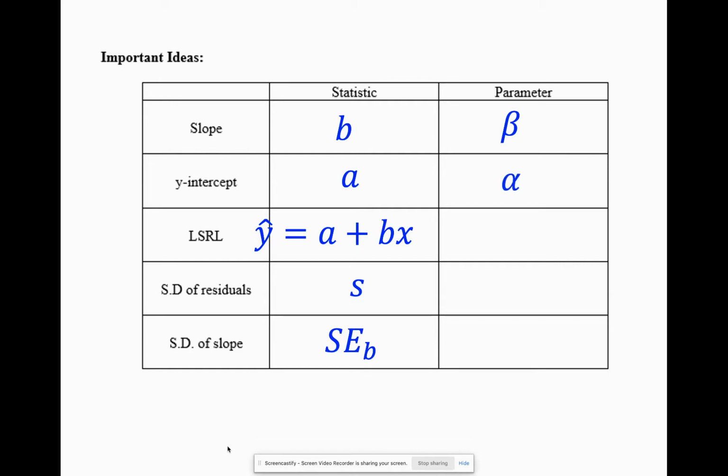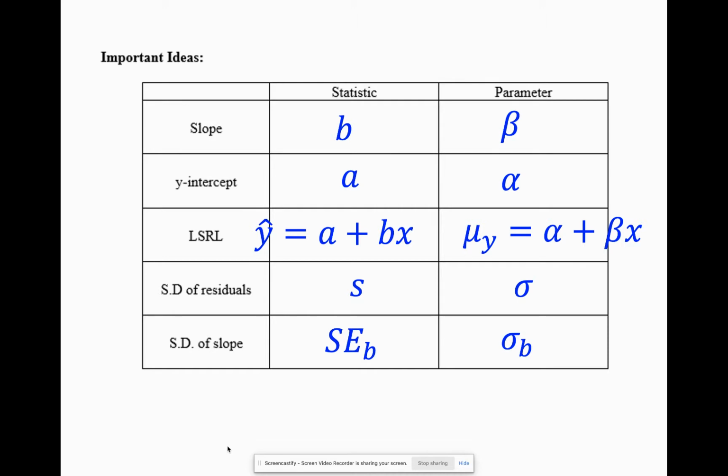For the y-intercept, we would use alpha. The equation for the least squares regression line would look like this: mu sub y equals alpha plus beta times x. The standard deviation of the residuals, we'll use sigma, and the standard deviation of the slope, we'll use sigma sub b.